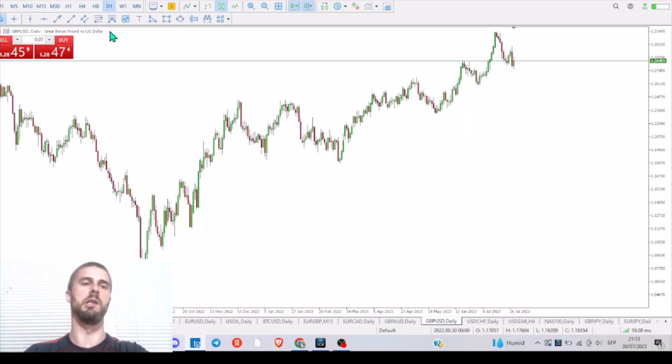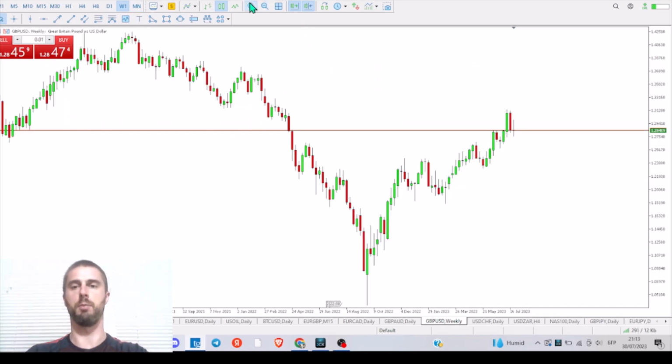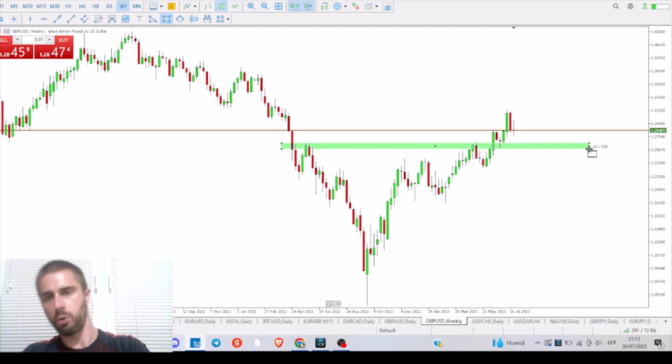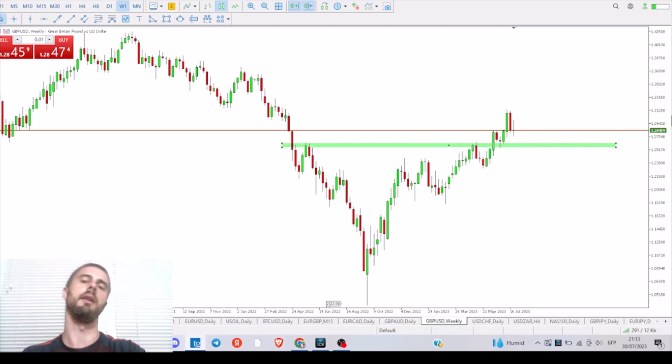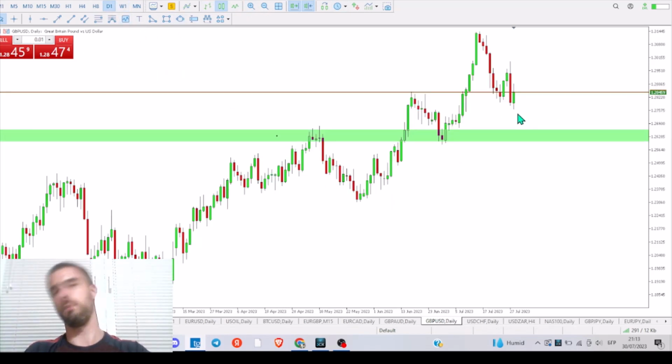GBP USD. So on this chart guys, in the previous video we have spoken about one very important level, support and resistance, or supply and demand, and this is this exact level. So currently Euro USD is finding some support, but if you can see on the daily chart, GBP also found a little bit of support, and we actually have some sort of support right here, which is good.